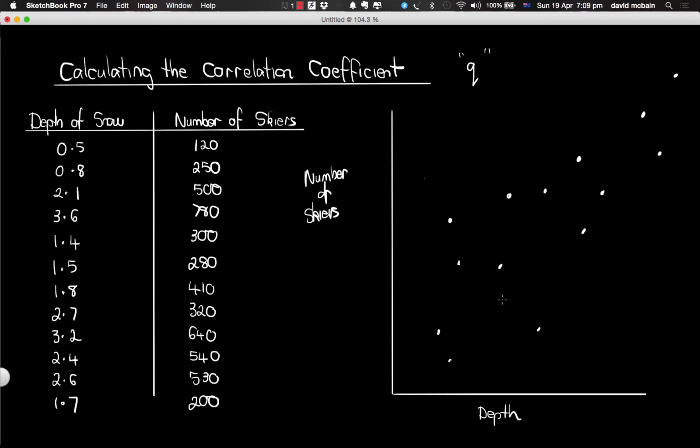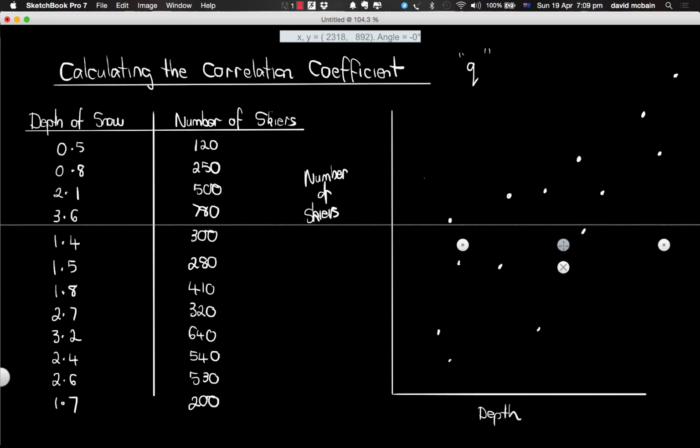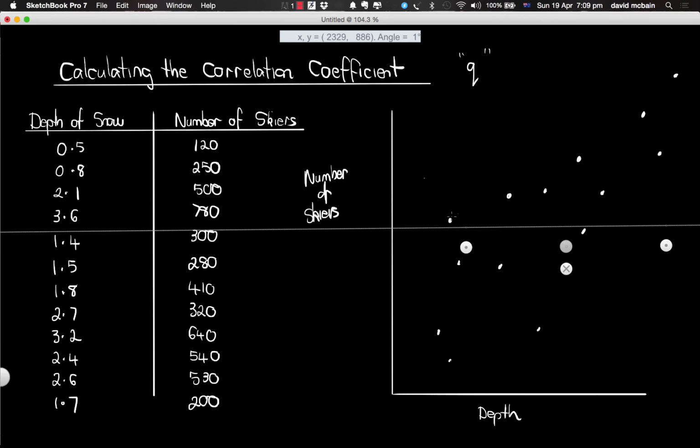What we need to do is to break the data into 4 quadrants. And so what we're going to end up with is something that should look like this. We try to split the data with an equal number of data points above and below a line. So we try to find a line where we've got the same number of points above and below it.